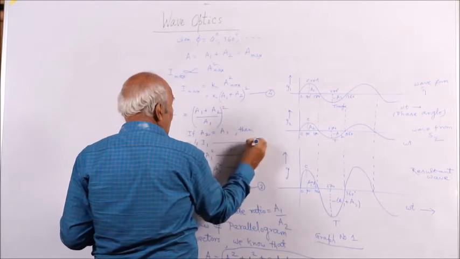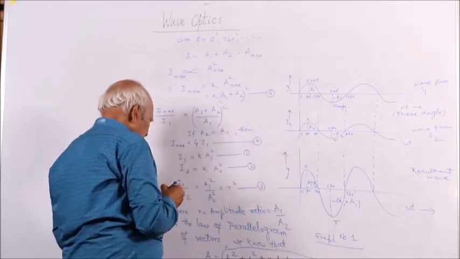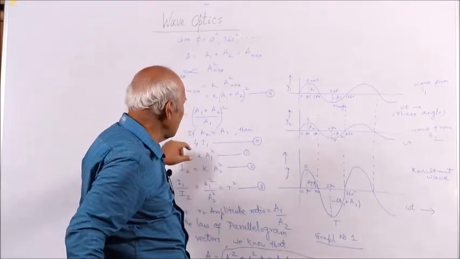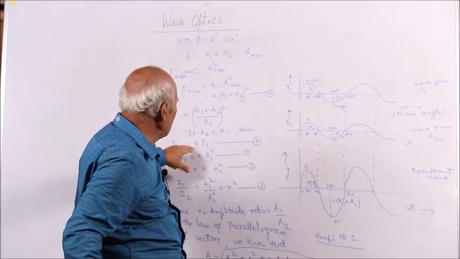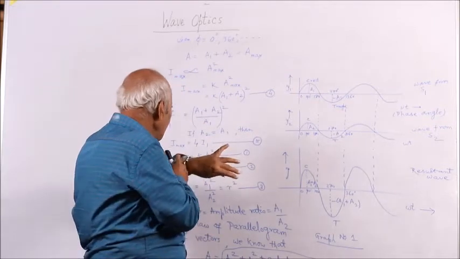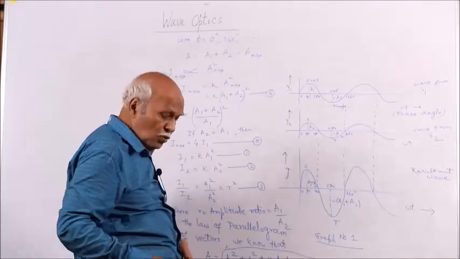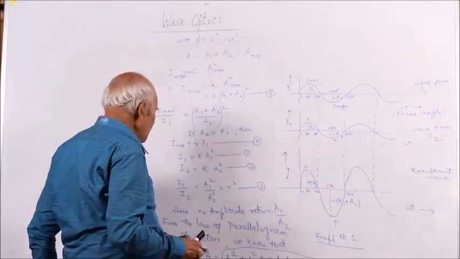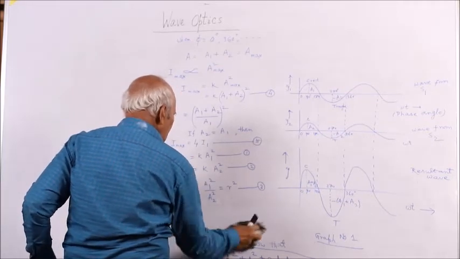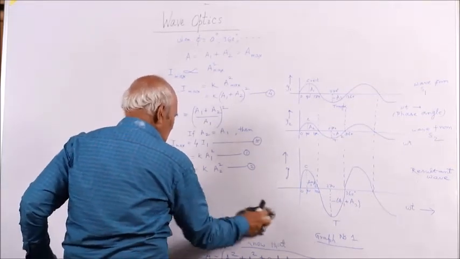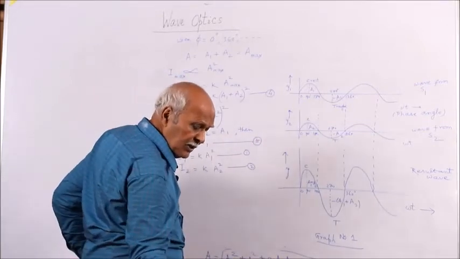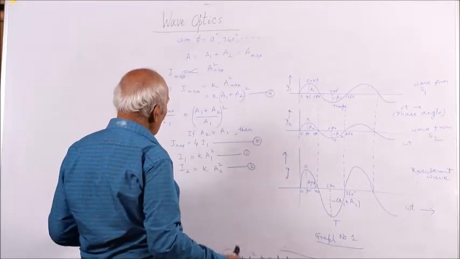That means, the bright spot of the interference pattern has intensity 4 times that of the intensity due to one wave. Clear? So, therefore, we see that the brightness of the bright spots is quite high.